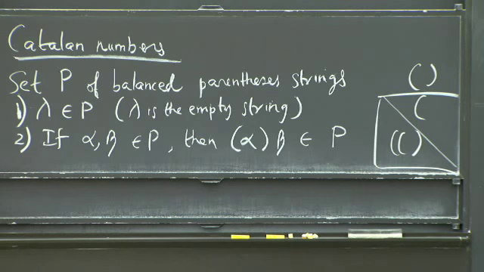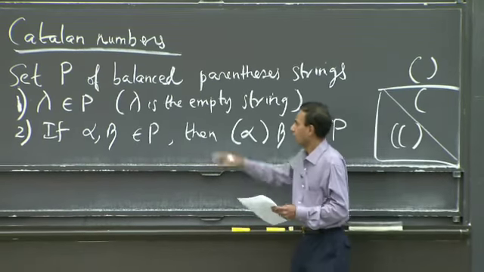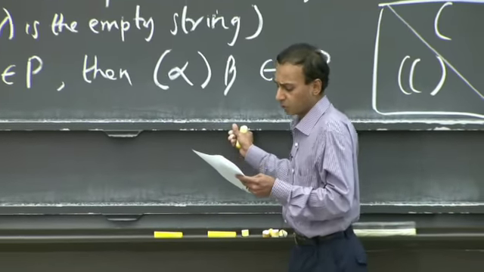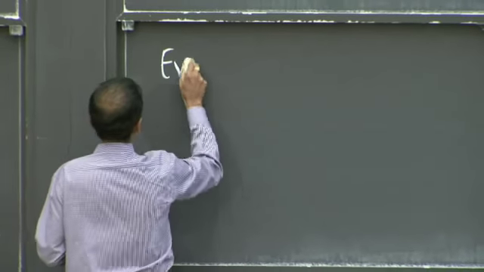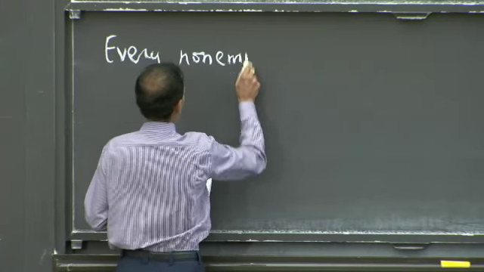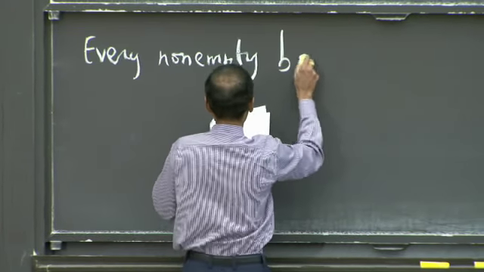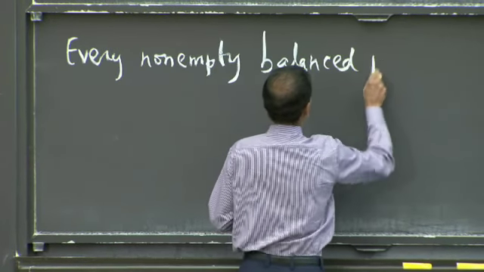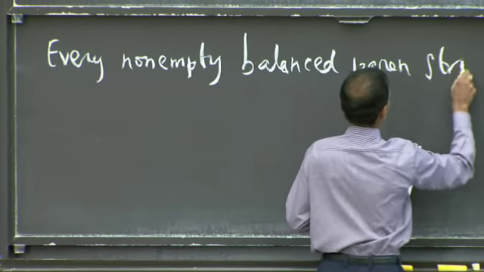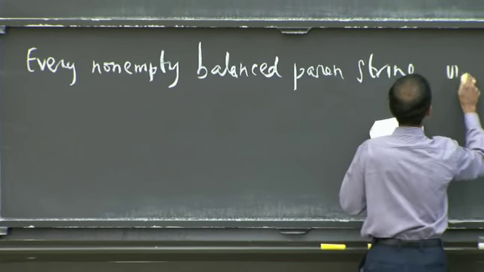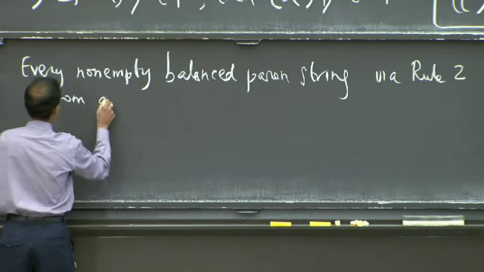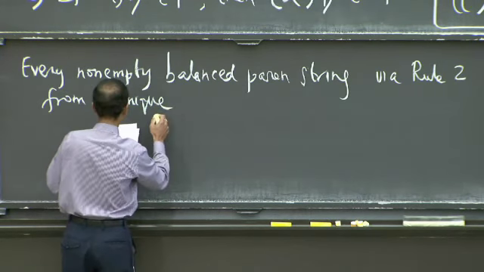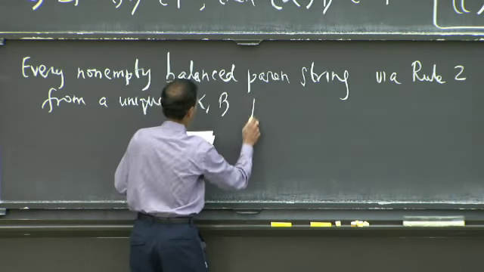And so on and so forth. Obviously, things get more complicated when you have more brackets or parentheses. And the nice thing about this definition is that you can get every non-empty balanced paren string via rule 2 from a unique alpha beta pair.